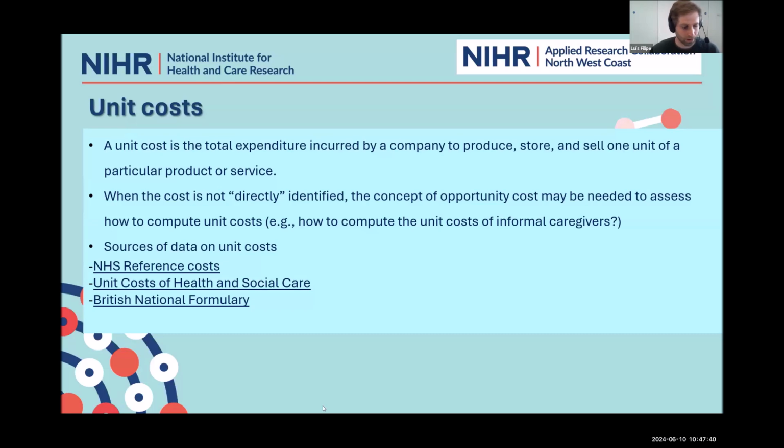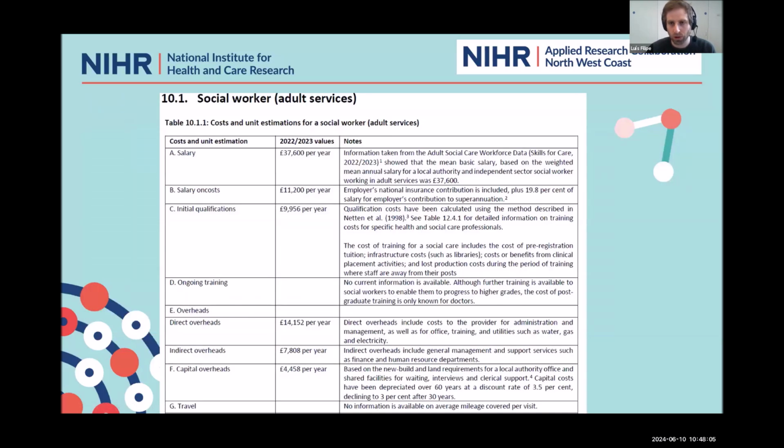So if you let me go back. If you click here, you are going to get into a site where you see the unit costs for every single year that they compute, and then you can click download full document, and at some point you will have on your right the document to download. You click to download, and you get a document. In that document, you will have an index.